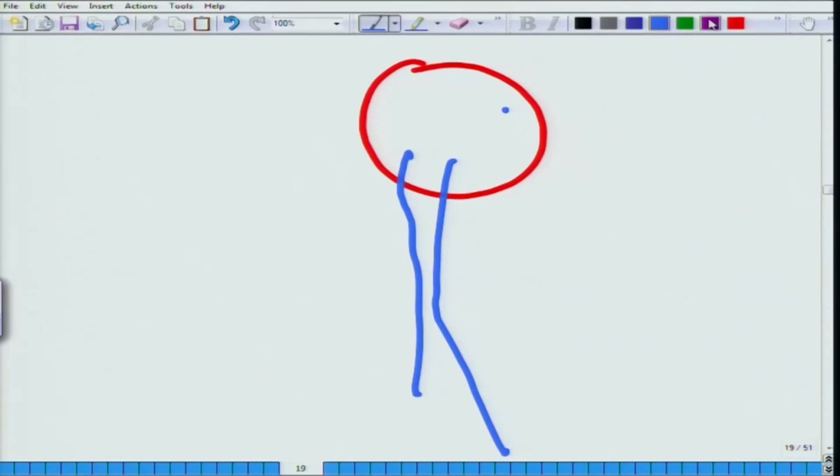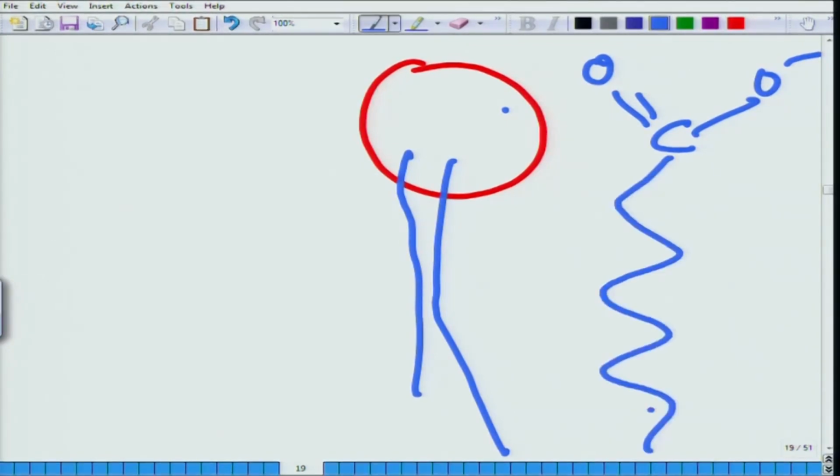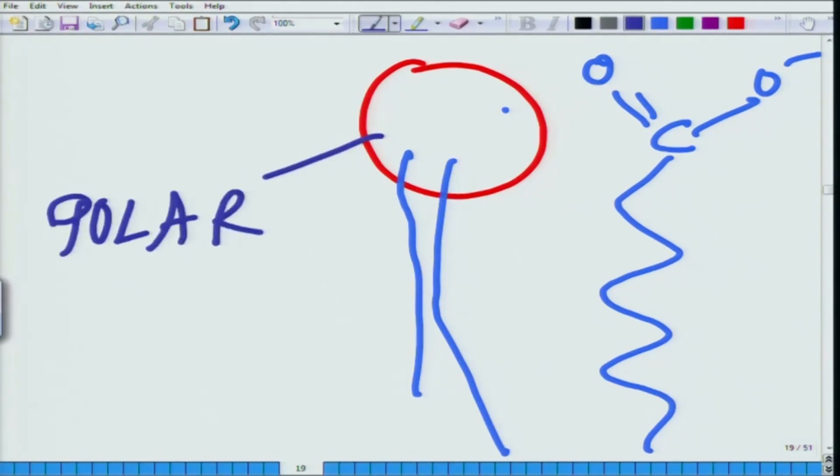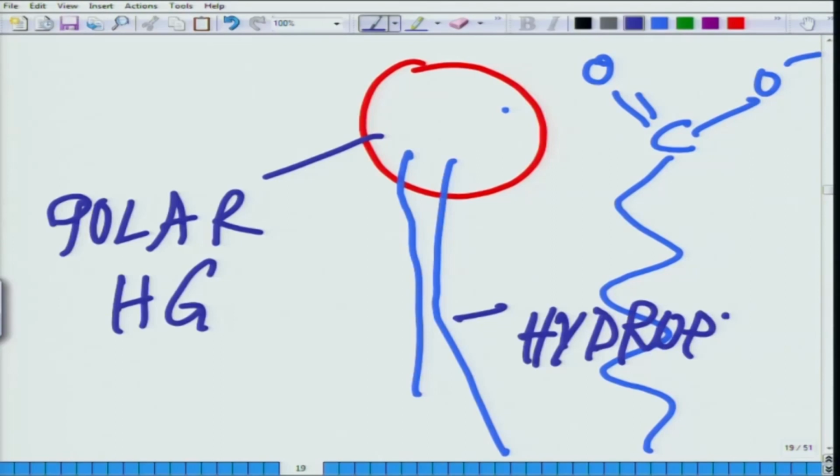This is where you see the carboxyl group sitting there, and you have the hydrophobic tail out there. This is called the polar head group, and this is the hydrophobic tail. Okay. So, these are the common features of different membranes that we talked about.